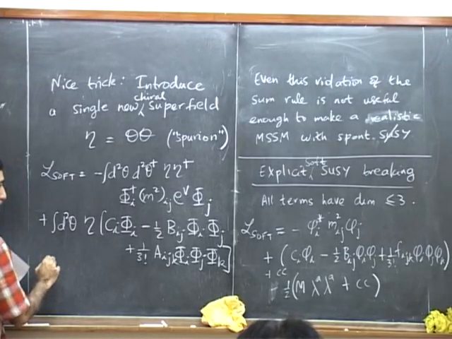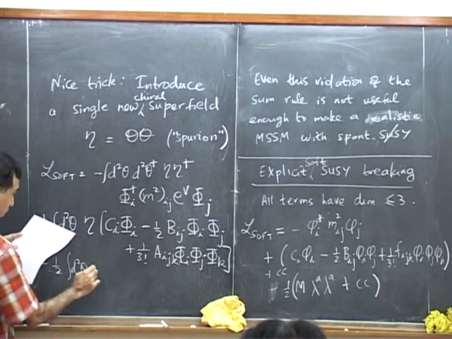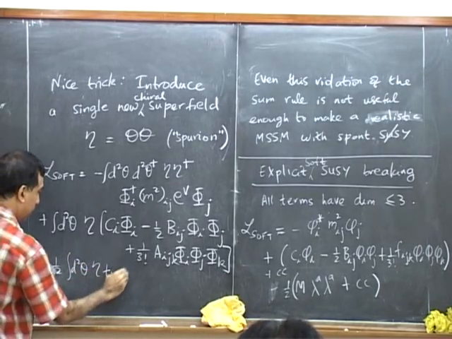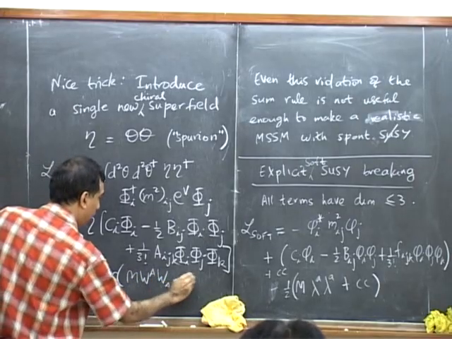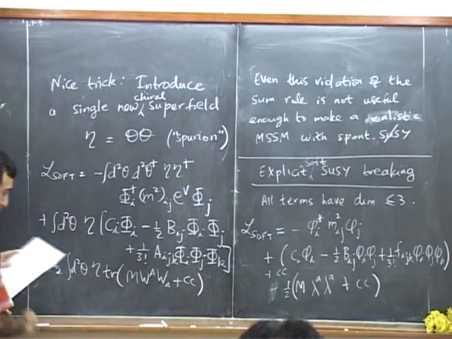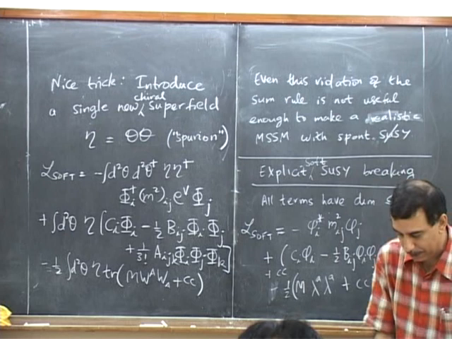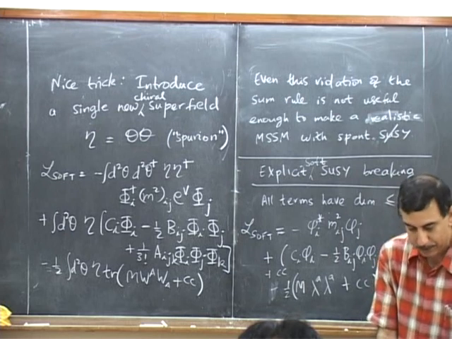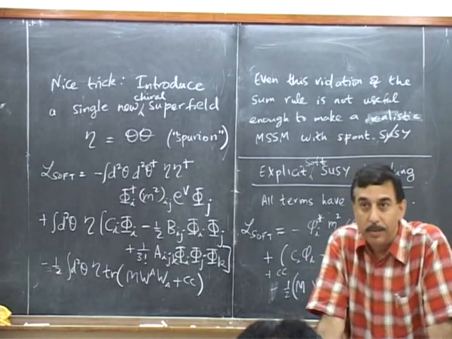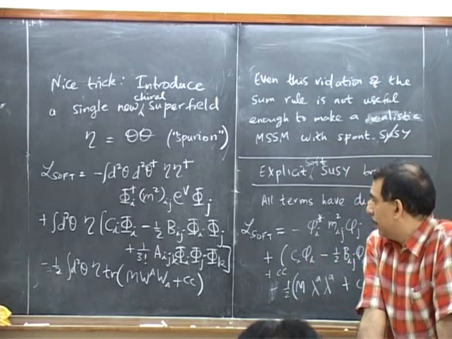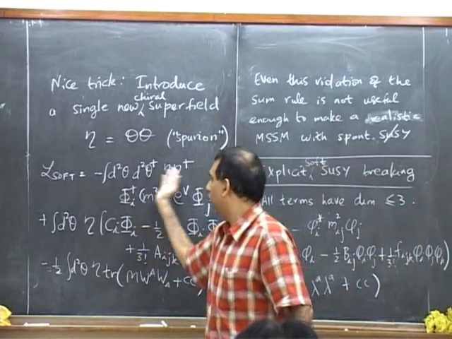And then the last term is minus a half integral d2 theta, eta m W alpha W alpha, plus the hermitian conjugate. So here's the generic soft SUSY breaking Lagrangian written out in terms of superfields, using heavily this spurion as one of the superfields. And it's really trivial in the sense that all of these measures are all one.